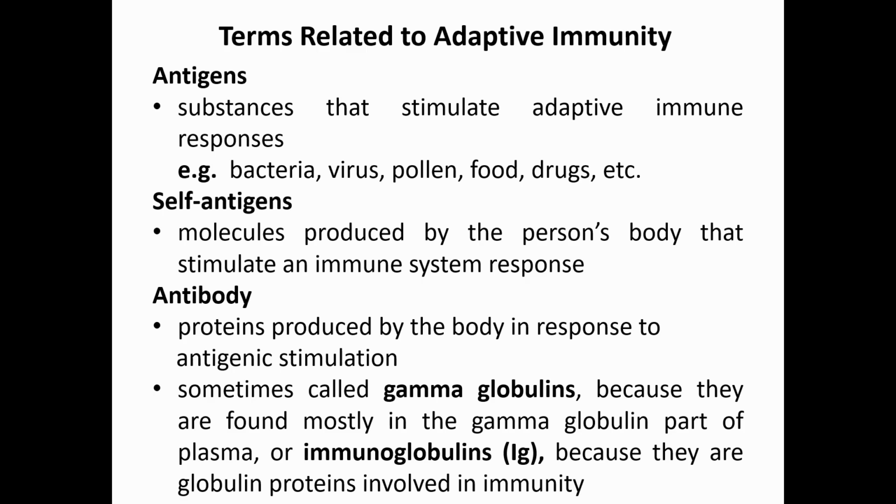This can be anything from bacteria to pollen to drugs. Self-antigens are molecules produced by the body that stimulate an immune system response, beneficial or non-beneficial. And antibodies are proteins produced by the body in response to antigenic stimulation. Sometimes they are called gamma globulins because they are mostly found in the gamma globulin part of the plasma, or immunoglobulins because they are globulin proteins involved with immunity.